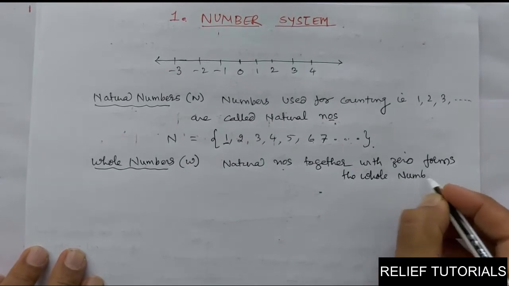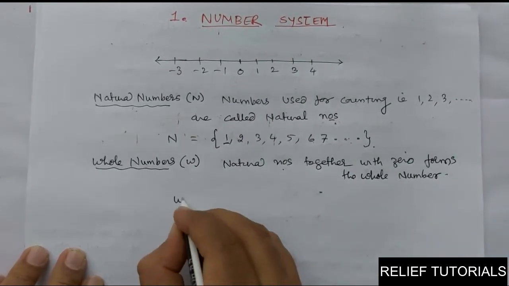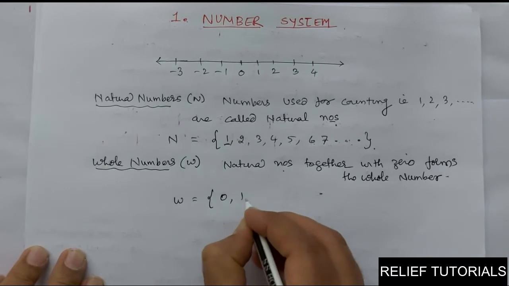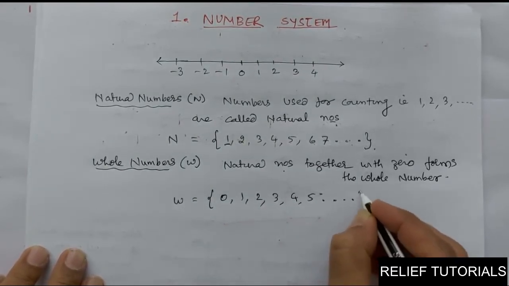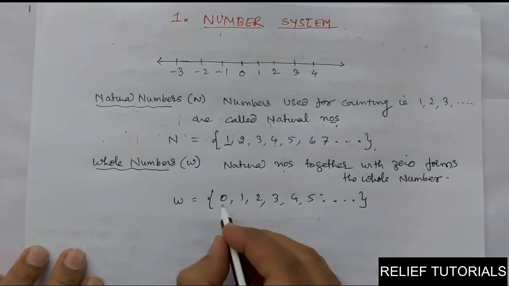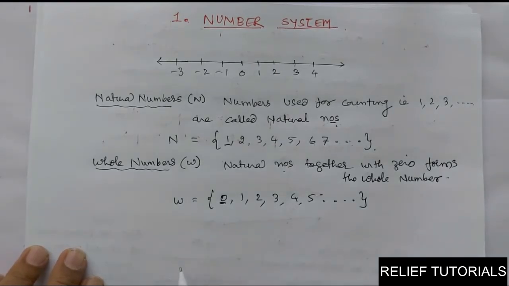If you add 0 to the natural numbers, we get whole numbers. So whole numbers are 0, 1, 2, 3, 4, 5, dot, dot, dot. So 0 is the smallest whole number. And here also we cannot find the largest whole number. Clear? So these are whole numbers.